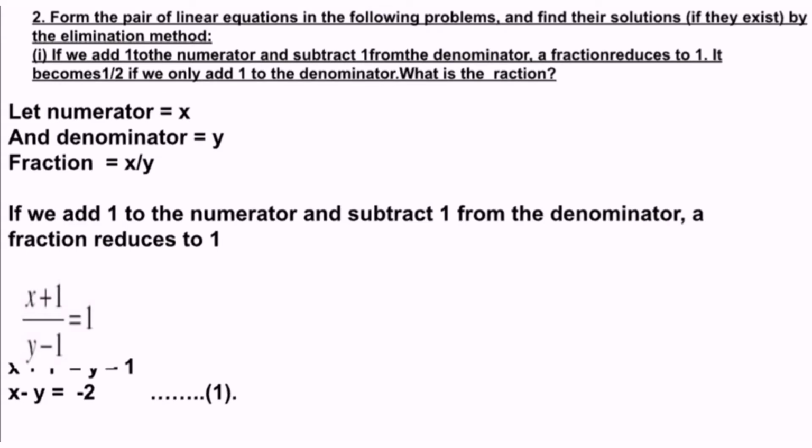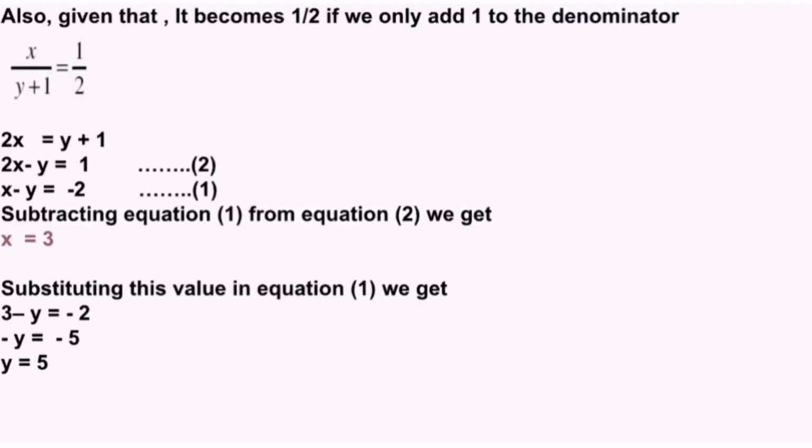As per the conditions given to us, we are forming the equations. Then we are cross multiplying and finding a similar equation, which is x minus y is equal to minus 3, which we are naming as 1. Then we are forming the second equation with the next condition given in the question and forming it into a similar equation, which is 2x minus y is equal to 1, and naming it as 2. Then with the equations we will be subtracting and finding x.